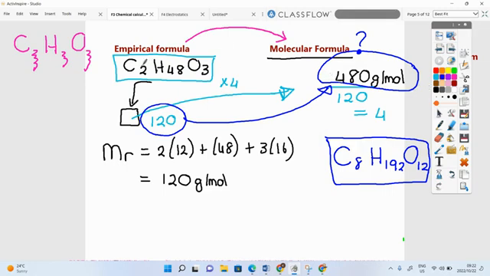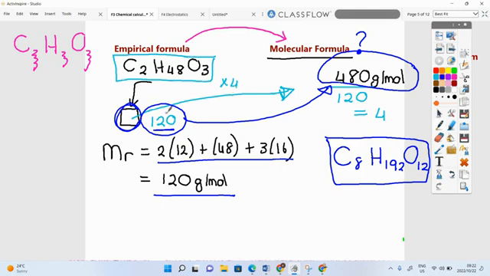So you worked out the empirical formula C2H48O3. Are you with me up to there? Then you look at what is the mass of that. So you go and work out the molar mass of that using the periodic table. So you know that one little block is going to be 120. Now the question comes back at you and they say, but this molecule doesn't weigh 120, it weighs 480.